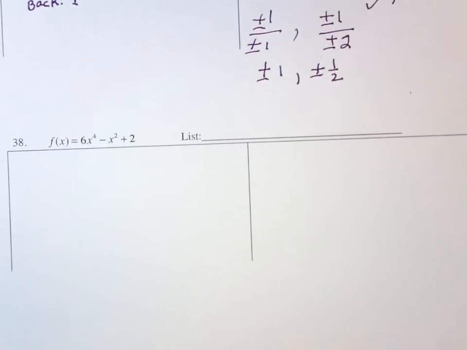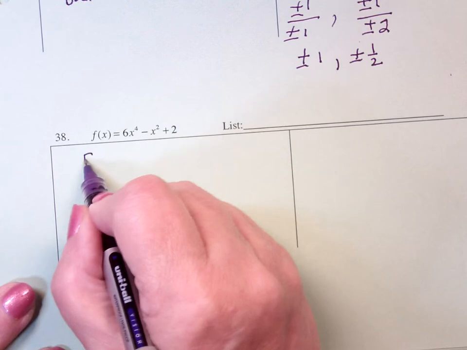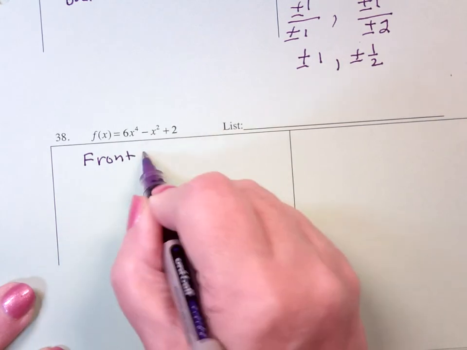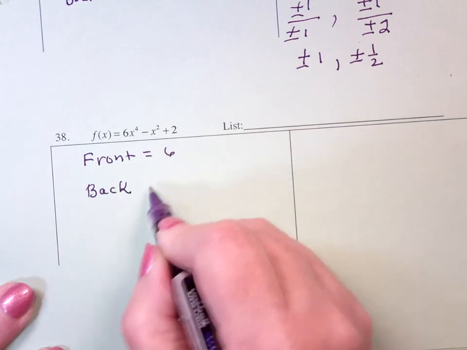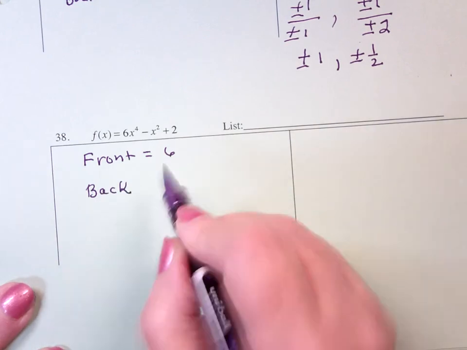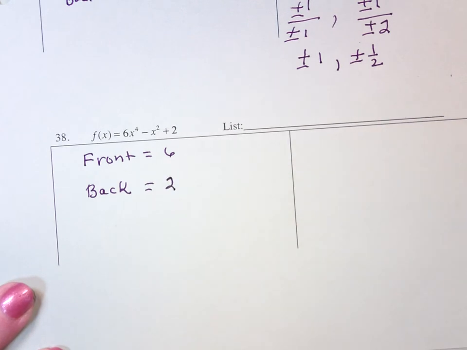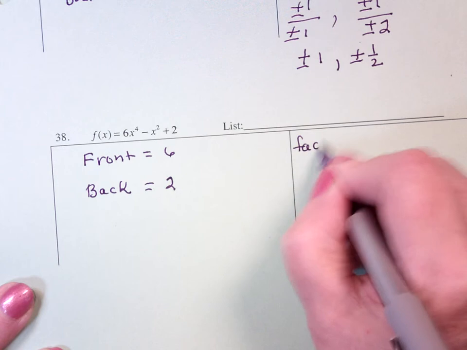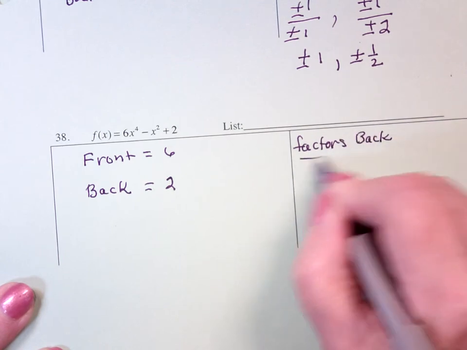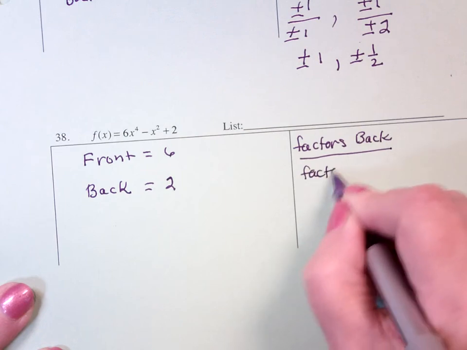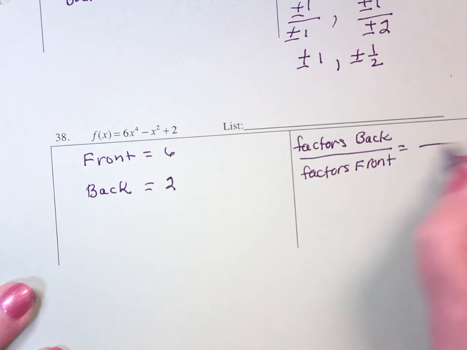Okay, let's make our list. The front is 6. The back is 2. Remember, we're going to take the factors of the back divided by the factors of the front. That creates my list.